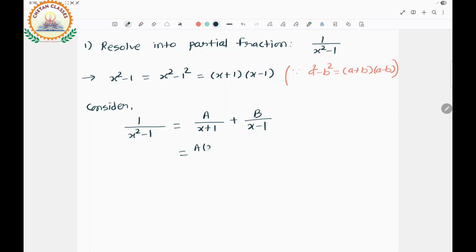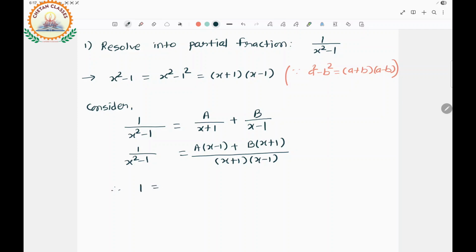So here a into x minus 1 plus b into x plus 1 upon x plus 1 into x minus 1. Here in our left hand side 1 upon x square minus 1. Now in RHS x plus 1 into x minus 1 is same as x square minus 1. So in both the sides our denominator is same.